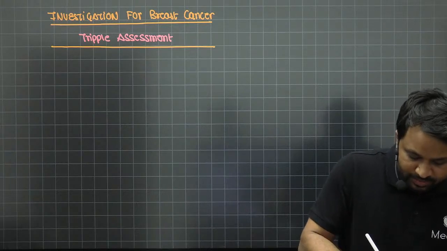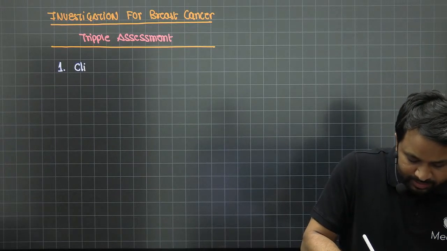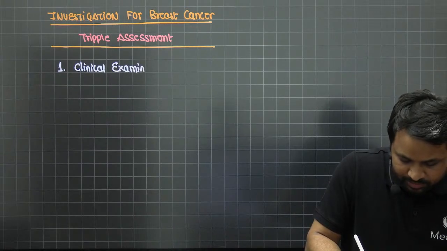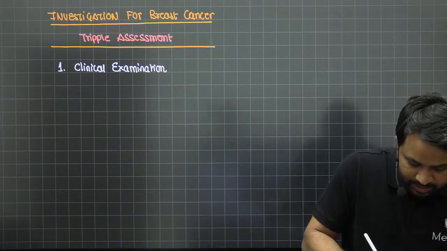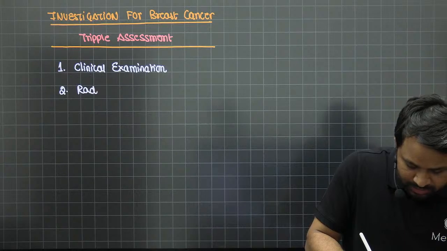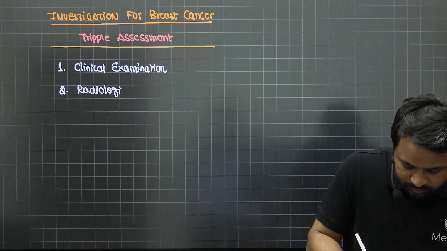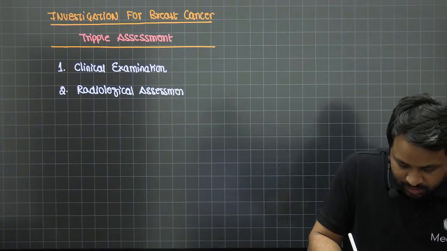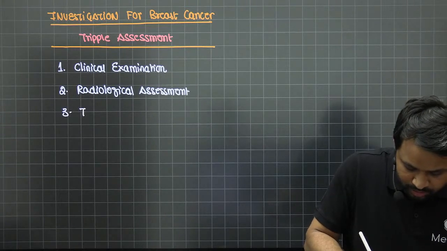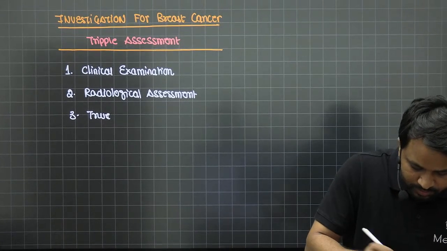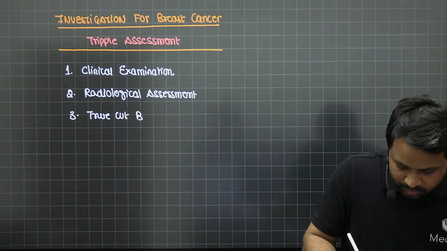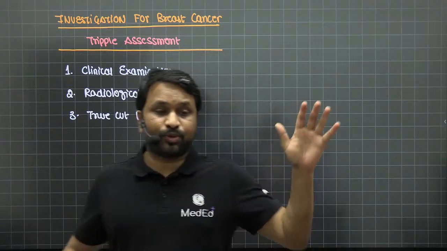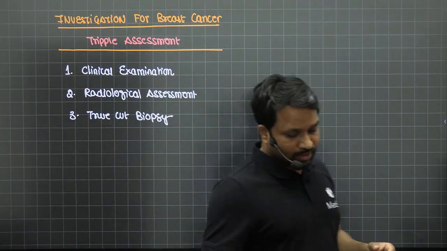In the triple assessment, the first step is clinical examination. Second is radiological assessment. And the third one is true cut biopsy. So there is a 3-step procedure that you have to follow in order to get to a diagnosis.